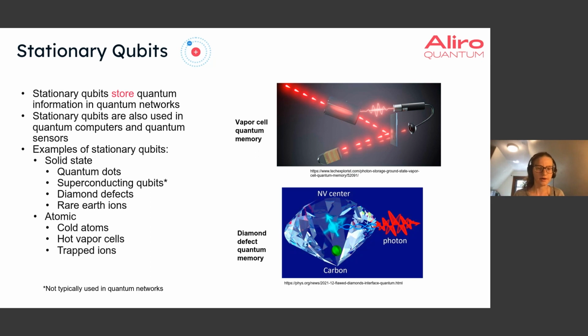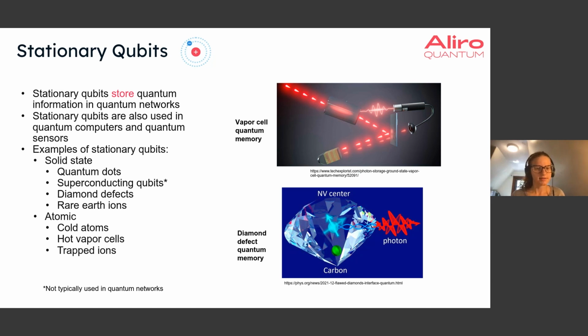People also will use rare earth ions as stationary qubits, and on the atomic side, people will use cold atoms, hot vapor cells. The picture above, the top right picture on this slide, shows an artistic drawing of a vapor cell quantum memory.